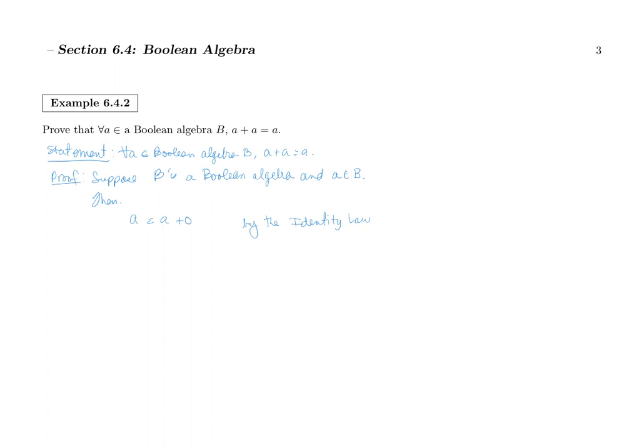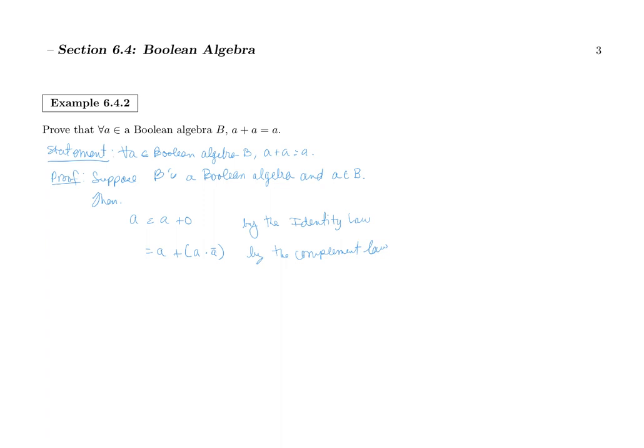And we could also write 0 as A times its complement. So we could say this is A plus A times its complement by the complement law. Okay, so we're moving forward.